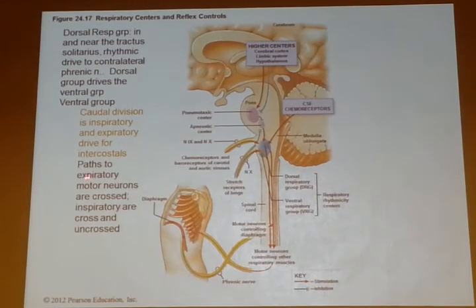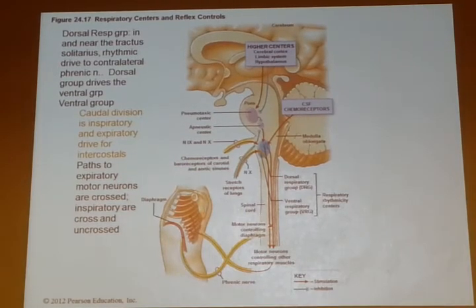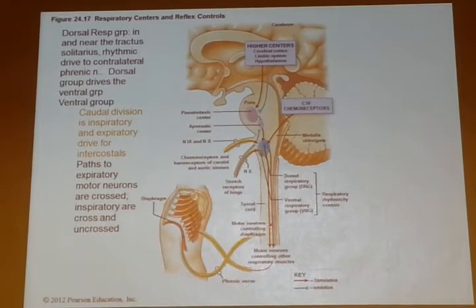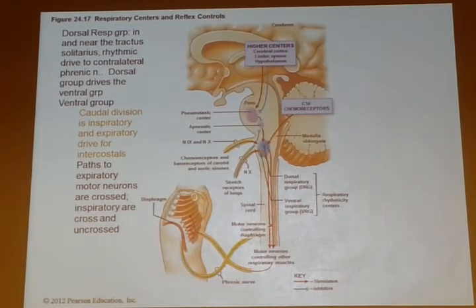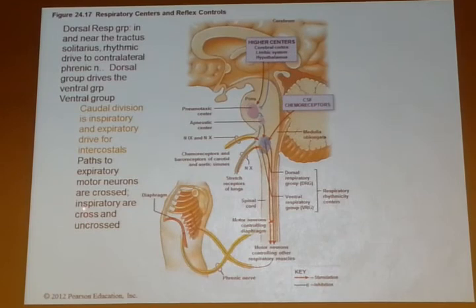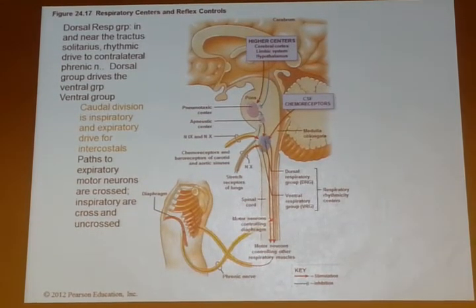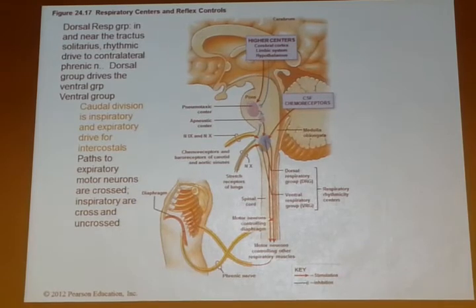The pathways in the ventral respiratory group, there are two essential pathways. We've got expiration that are crossing over to the opposite side. So they're going from the right brainstem to the left phrenic nerve, and the left brainstem to the right phrenic nerve. The inspiratory, you've got them duplicated. You got the right with one pathway going down on the right, being joined by one from the left.